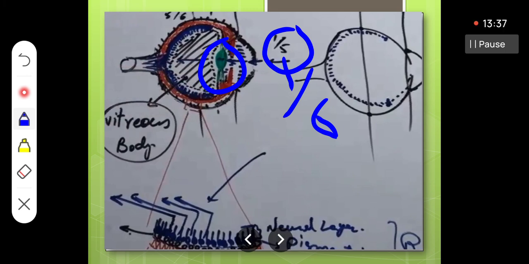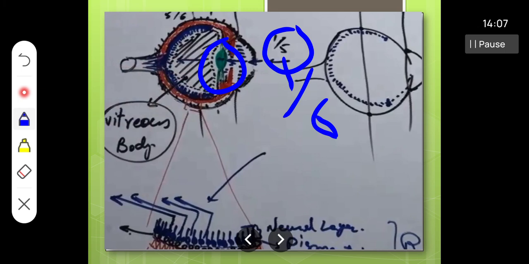It has special ligaments in contact with the ciliary body. You can see the green structure there, the suspensory ligaments, by which it is attached to the ciliary body.